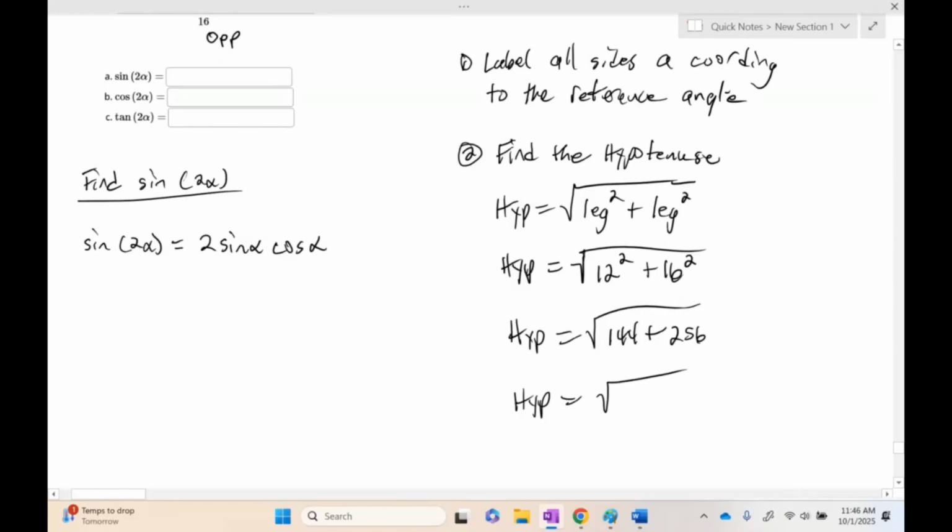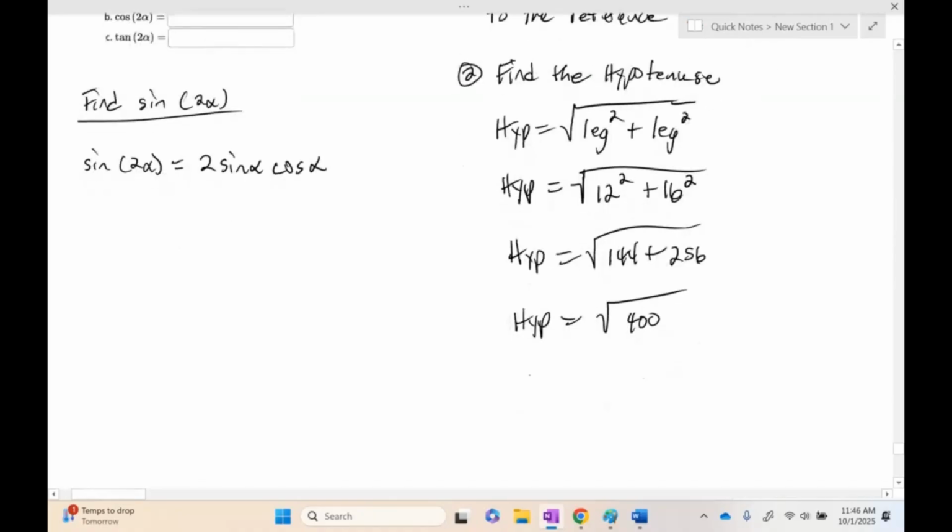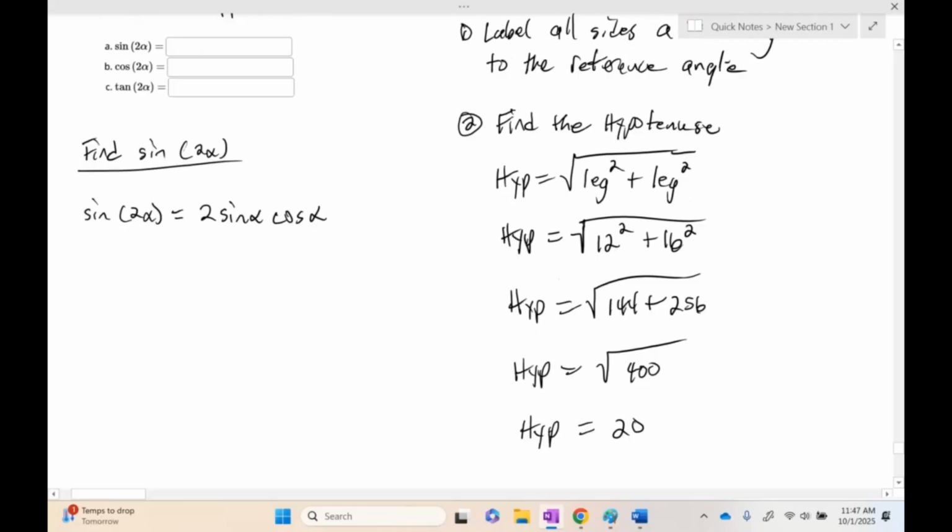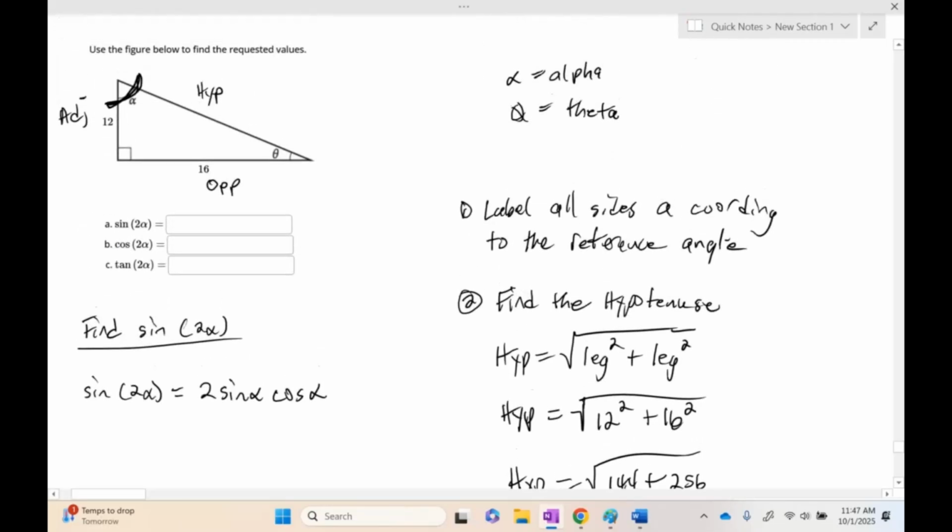If we add 144 plus 256, I believe we get 400, and the square root of 400 is perfectly 20. So the hypotenuse is 20 units long.